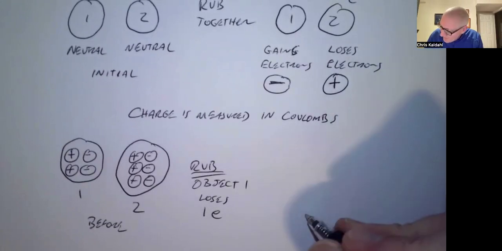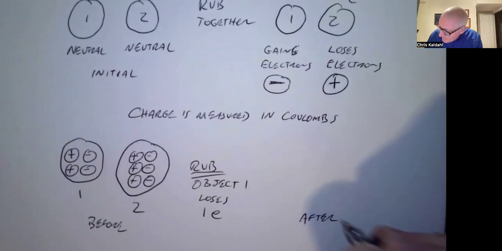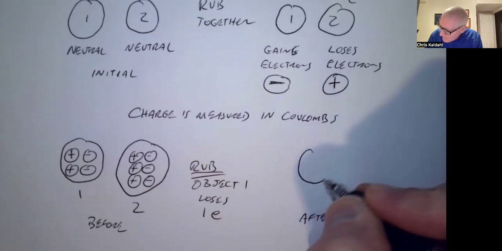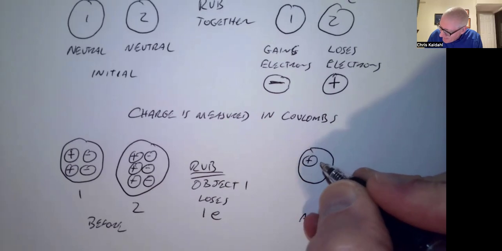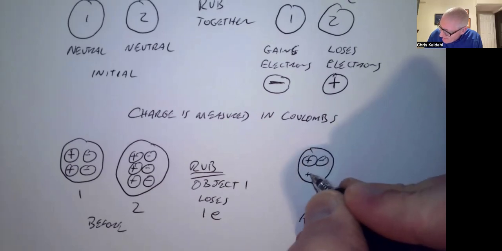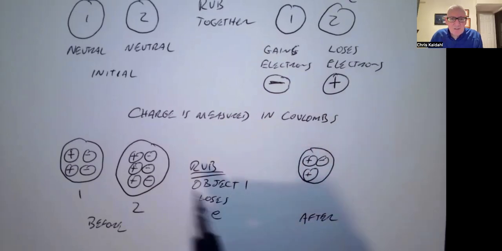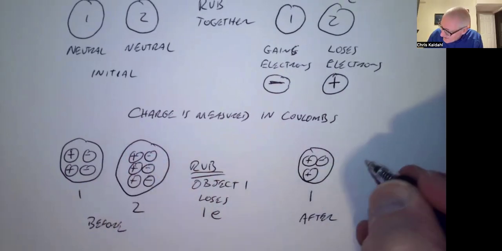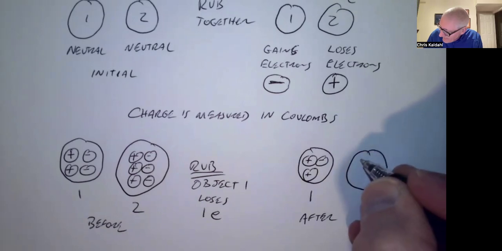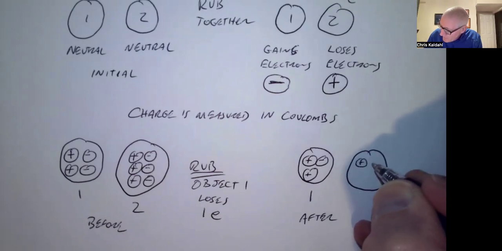And so our after picture is going to be pretty straightforward. We rub these guys together. This picture is now going to have the positive and a negative and just the positive because it lost 1 of its electrons. This guy, object 2 over here, and remember why we're not drawing the neutrons.